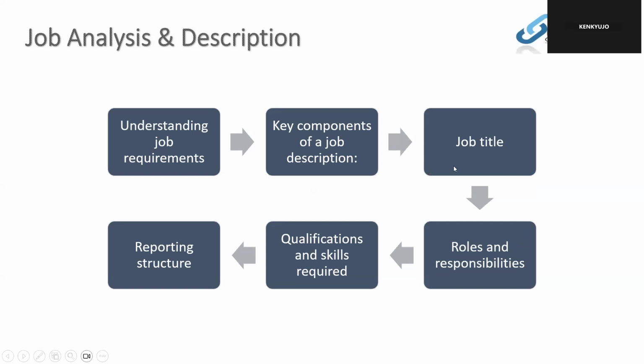All these things are included in the job description. And again, we prepare the job description after understanding the job requirement.